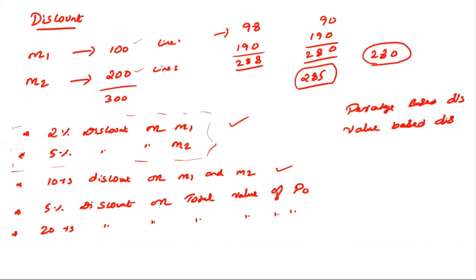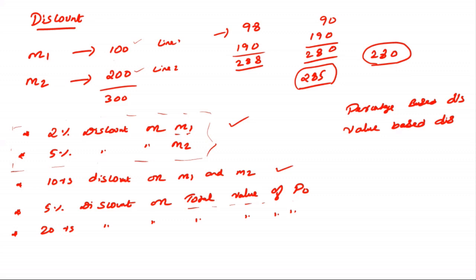And if you observe again, he is mentioning PO-based, a complete total value of PO, or individual material. When he is saying individual material, as per the system, the discount applies only on the item. In SAP, if you remember, when you open the PO, you have header and item.